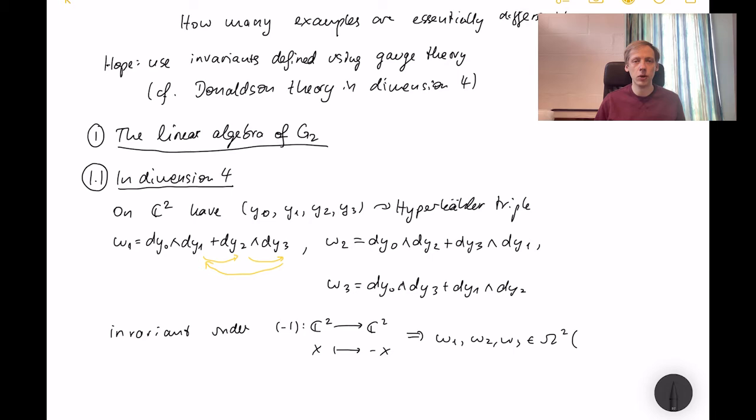Now, orbifold is a big word, and it's not strictly necessary for all the stuff that we are doing. So if you don't like it, just think of omega 1, omega 2, and omega 3 as 2-forms on C2 mod plus minus 1 minus the 0 point. That's then a perfectly smooth manifold.